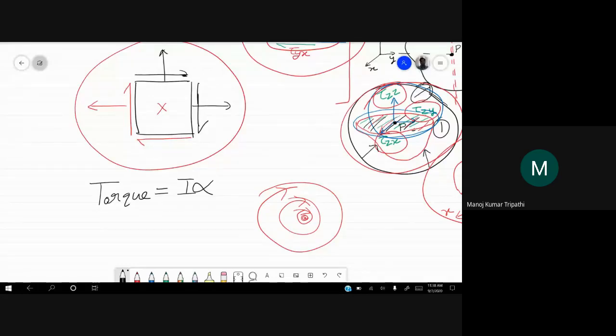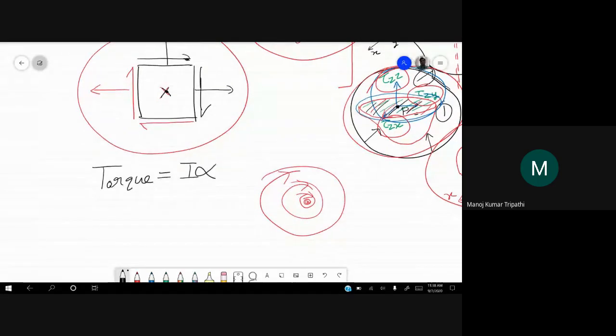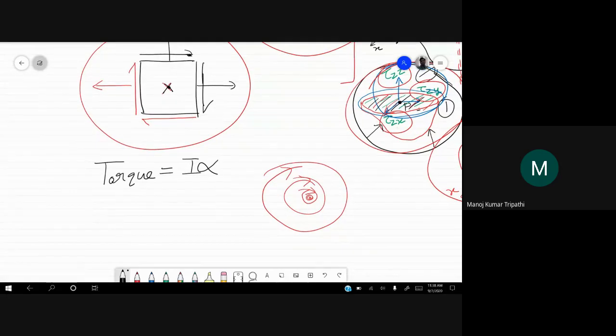If you take this central point as your axis about which you will write the torque, and I, the moment of inertia, and assume that this is x, then you can write the torques.